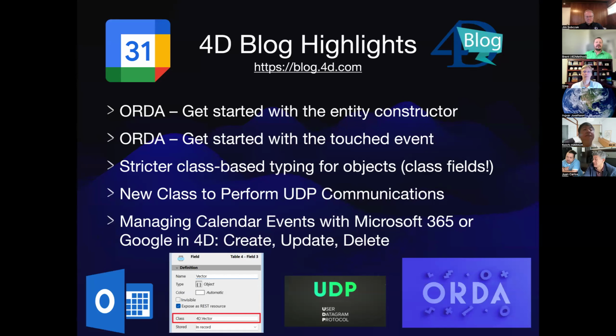And right, stricter class-based typing for objects. One of the most interesting aspects of this article is the ability we already have for object type attribute fields. Now you can actually declare that those objects are of a certain class type, which is kind of huge.